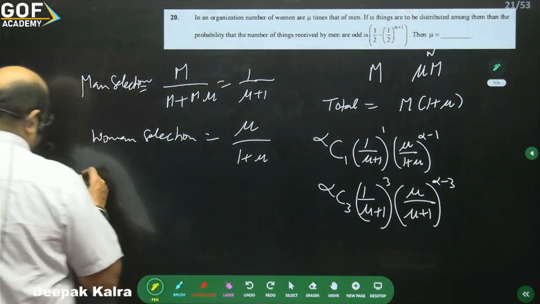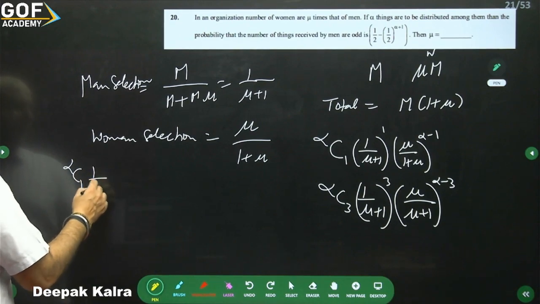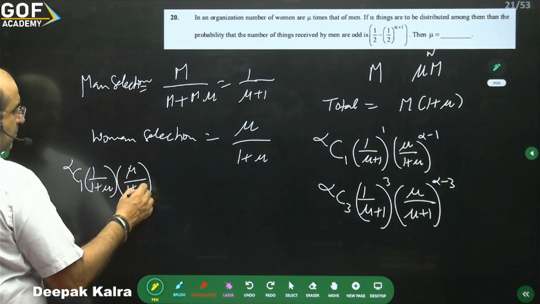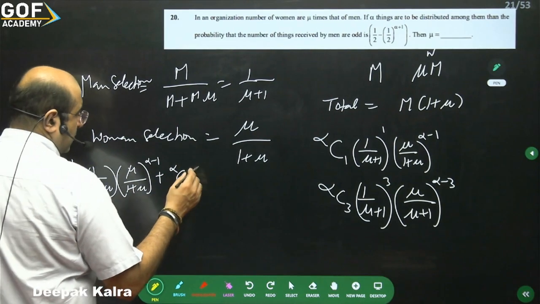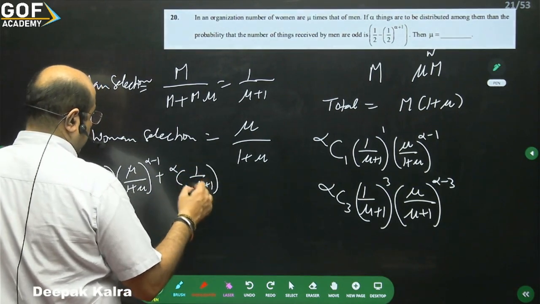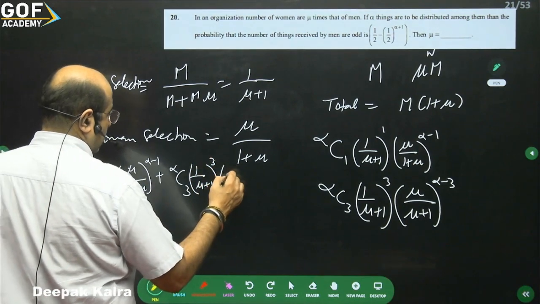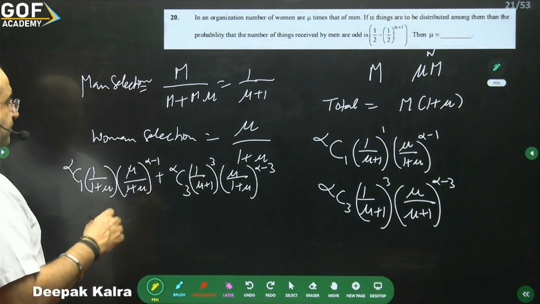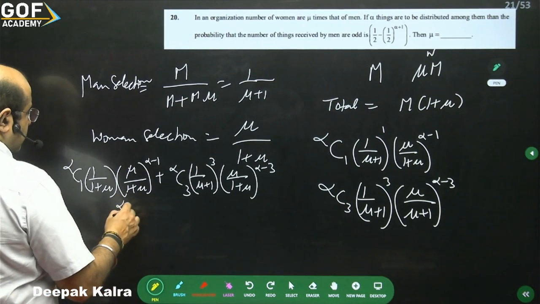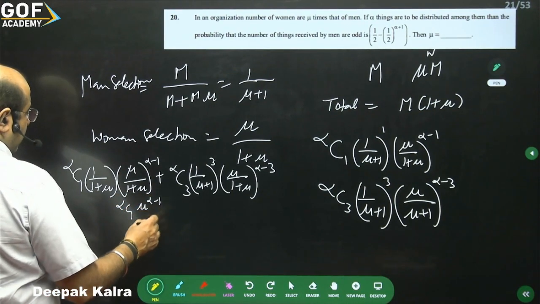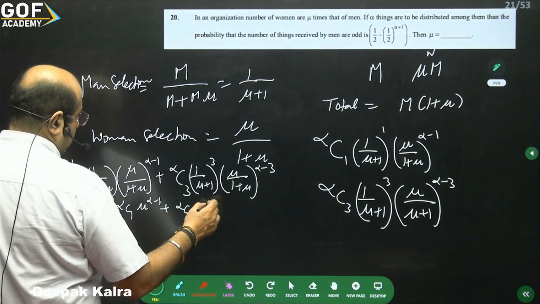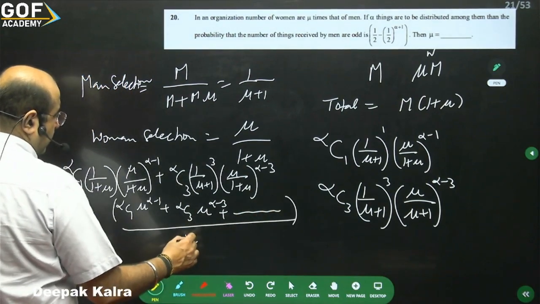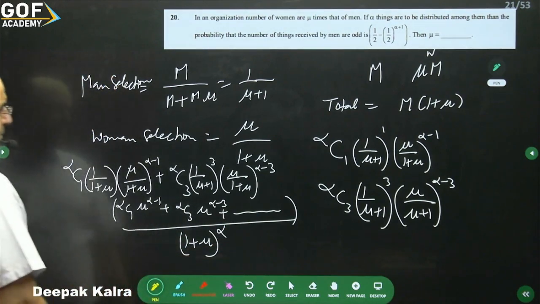So if I add them up, what will happen? You have alpha C1 mu alpha minus 1 plus alpha C3 mu alpha minus 3 and so on, over 1 plus mu power alpha. Am I right?